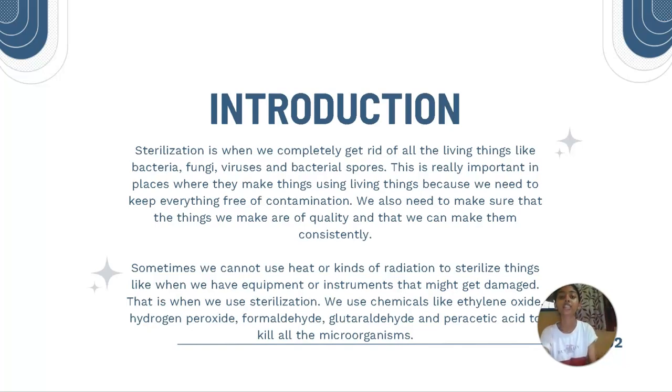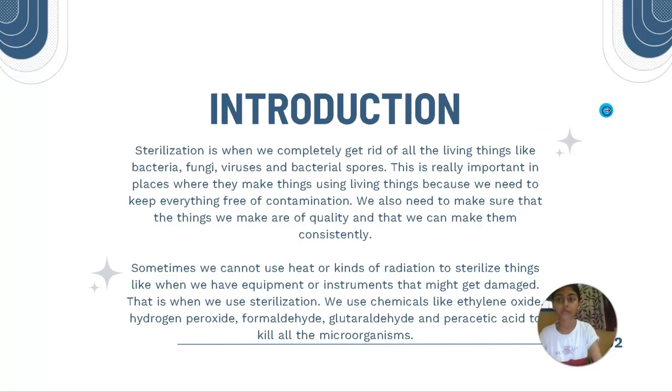Heat sterilization uses steam or dry heat, or the inoculating loop between flames. This can kill microorganisms at around 121 degrees Celsius for 15 to 20 minutes. Filtration is used for heat sensitive liquids and gases, radiation is used for surfaces and air, and chemical sterilization is used for heat sensitive instruments.